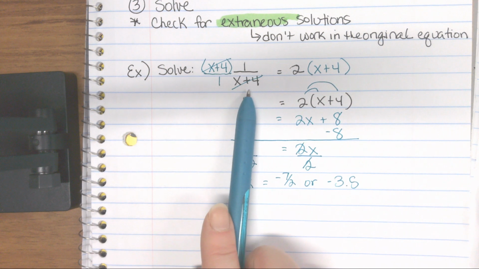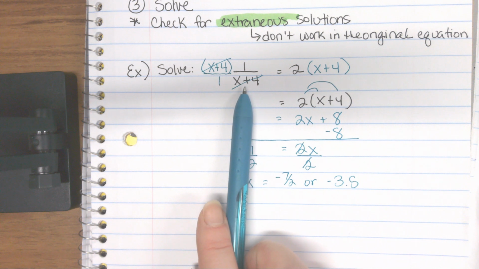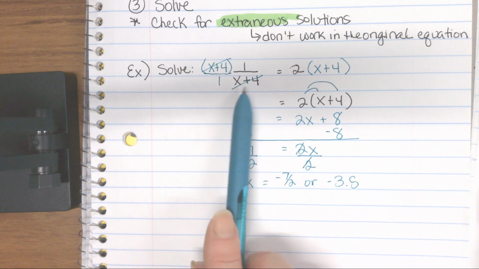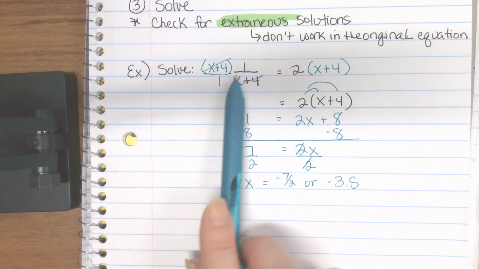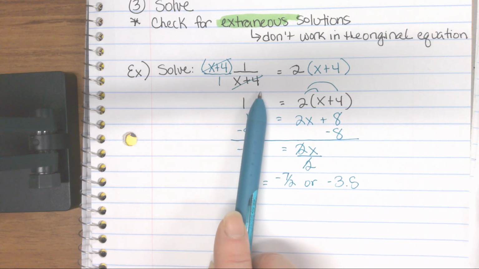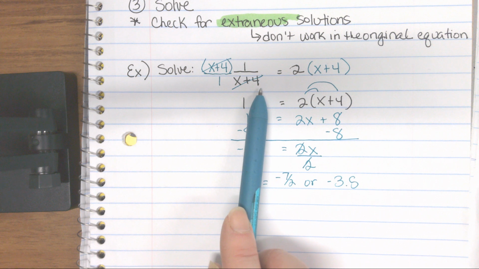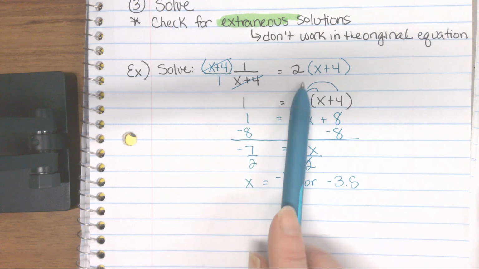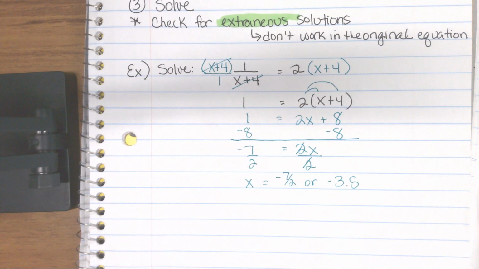If I went back to my original equation, if I put negative 3.5 in the denominator and added it to 4, does that make the denominator 0? No, it does not. That's what I mean by check that it works in the original. It does. And if you plugged that in, you would get 1 over 0.5, which is the same as 2, which is what we have on our other side.